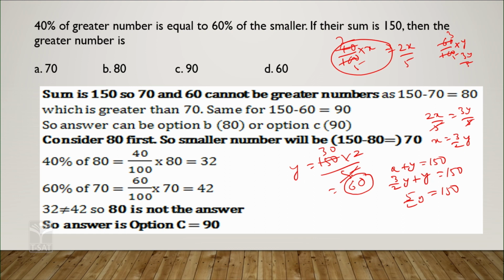The smaller number is 60. Then the bigger number, x plus y is equal to 150, so x is equal to 150 minus 60, which is 90. So the greater number is 90. See, this is the answer. On the screen, I did this question in one way.